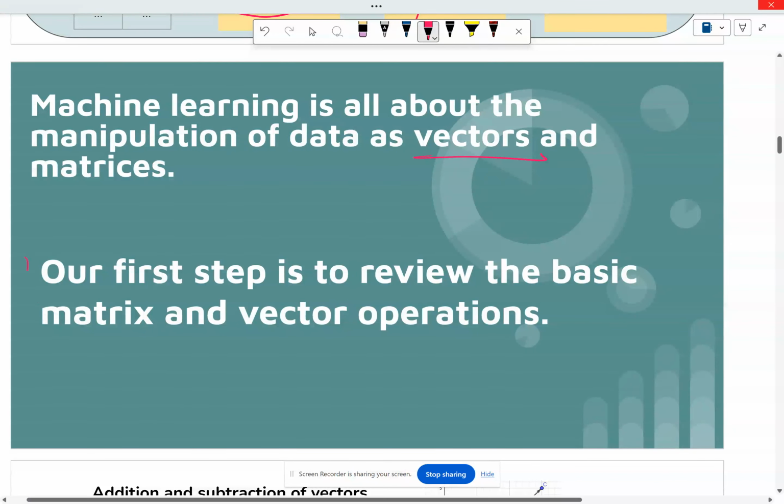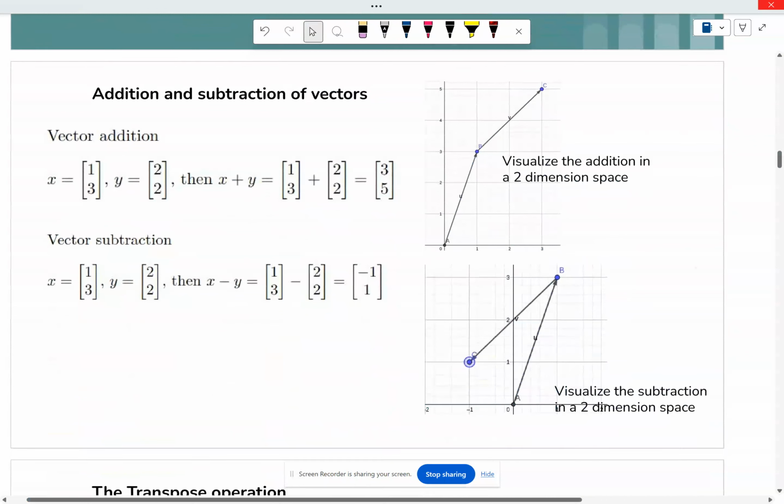So the first step for us to learn machine learning is to review and understand the basic matrix and vector operations. I assume a good deal of you have already done this, and for those of you that haven't, don't worry. We'll spend a class to review these concepts. So let's start. Luckily, none of them are really hard.